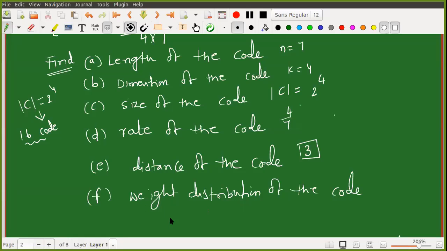Now weight distribution of the code. What are the possible weights we'll get? Can you tell me the numbers? At least 0 is there. Nikita, can you tell me if 0 is there here? So you are saying that there is a code word with weight 0. What is that code word?